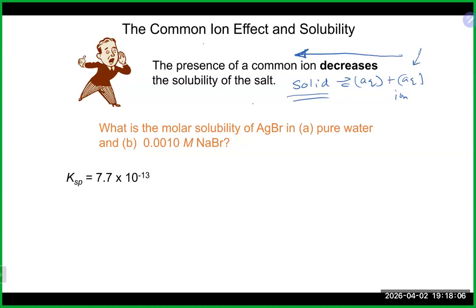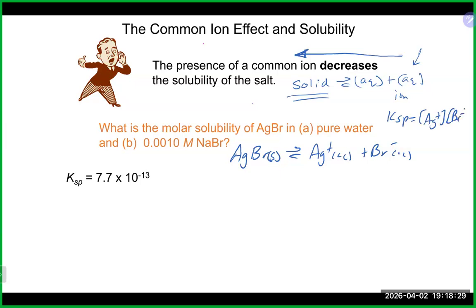So if we take a look at an example of silver bromide here, in water. So if we take a look at the solubility of silver bromide in just water, it's going to break apart into a silver ion and a bromide ion. Our KSP here obviously is going to be our silver times our bromide, and that's going to equal 7.7 times 10 to the minus 13.